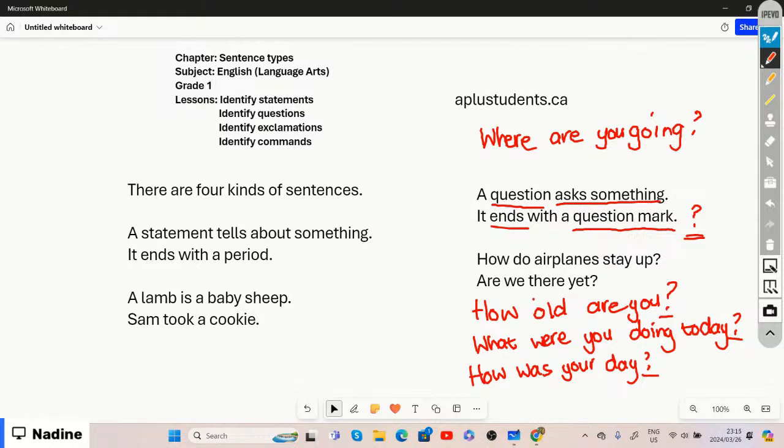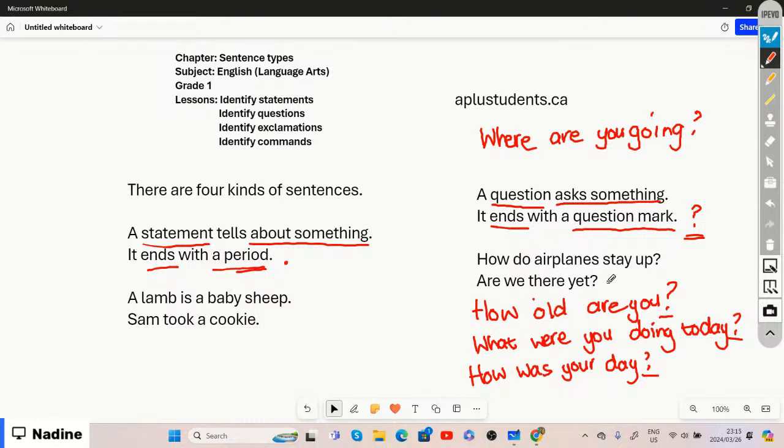So remember, we said that there are four types of sentences, or four kinds of sentences. We have a statement, which tells us about something. It can be anything random where you're telling someone about something, and it ends with a period, which is basically just a dot. And then the next kind of sentence is a question. A question asks something. It can ask anything. Anything that you ask, somebody's going to answer or respond.